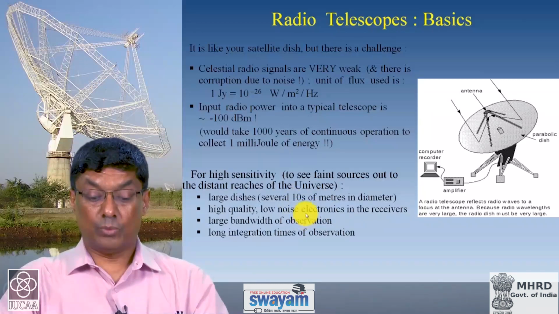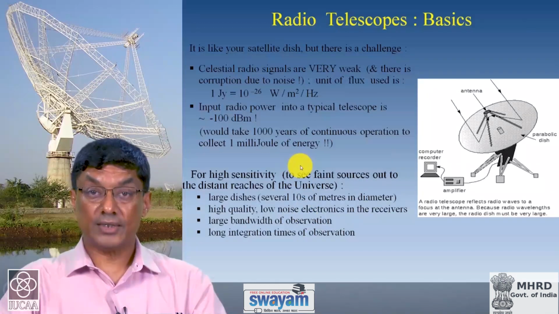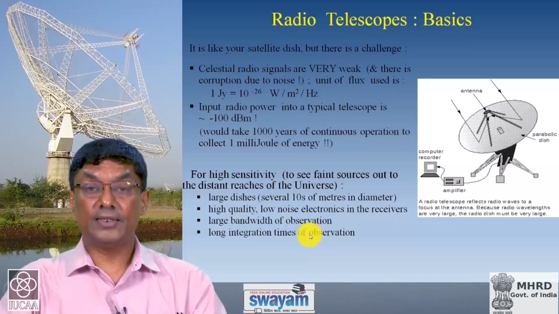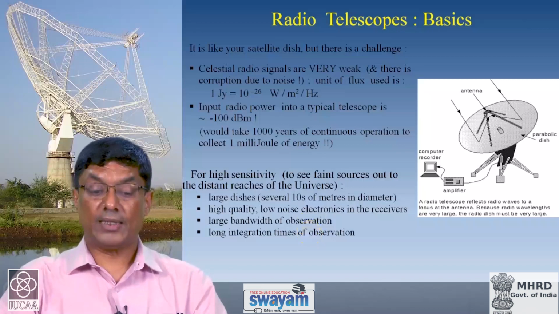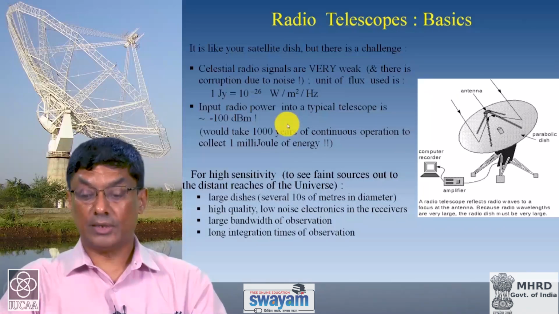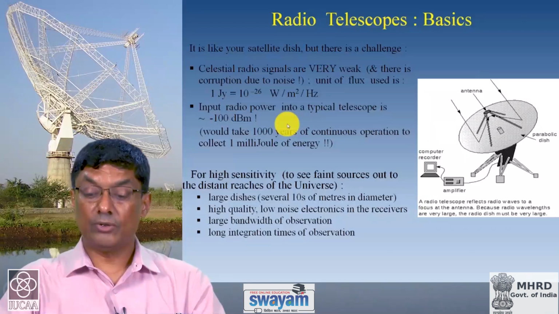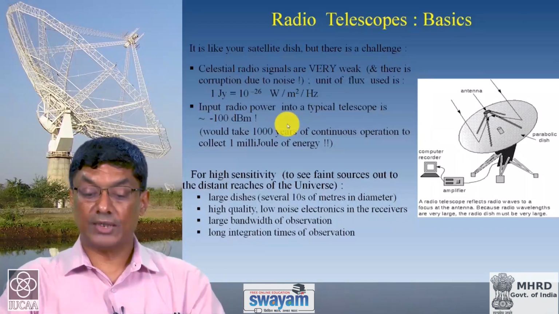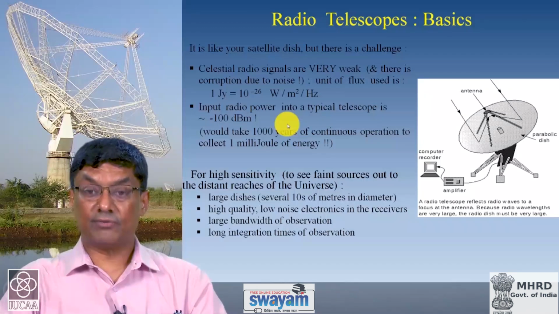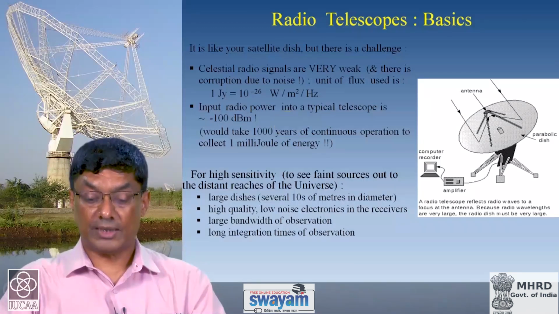Finally, you can improve the final signal to noise of your detection by integrating the received signal over a long duration of time, and that is because any noise that comes along with the signal only grows as the square root of the time of integration, whereas the strength of the signal increases linearly with the time of integration.